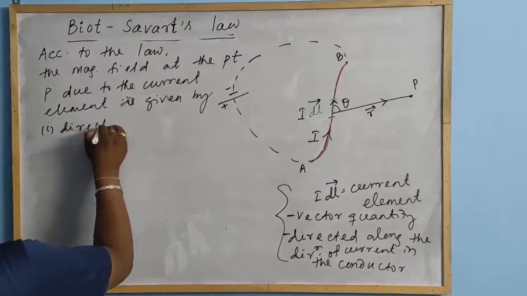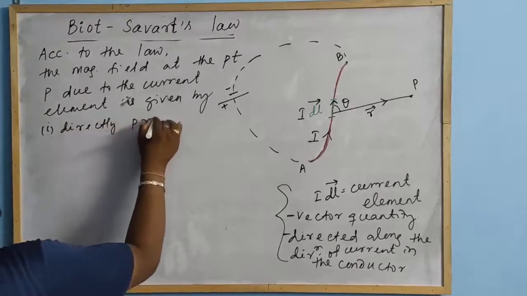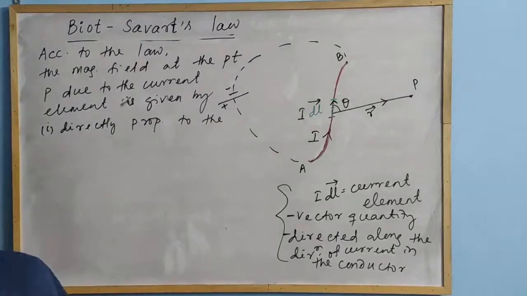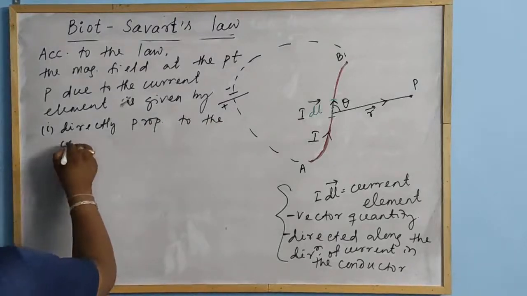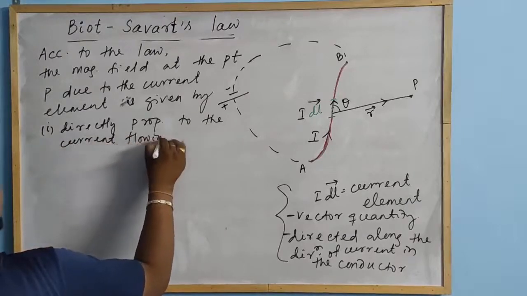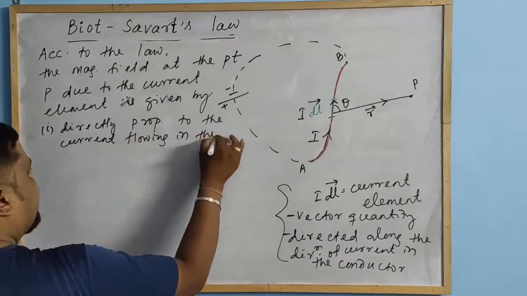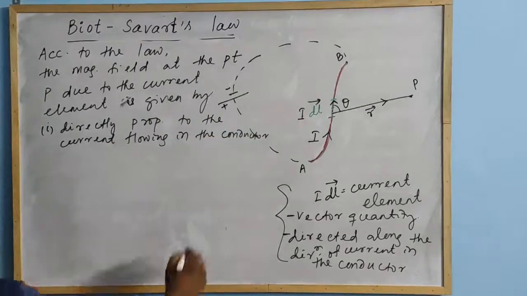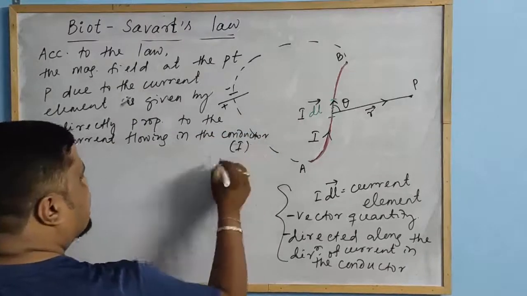directly proportional to the current flowing in the conductor. Clear? That is I, the first part.